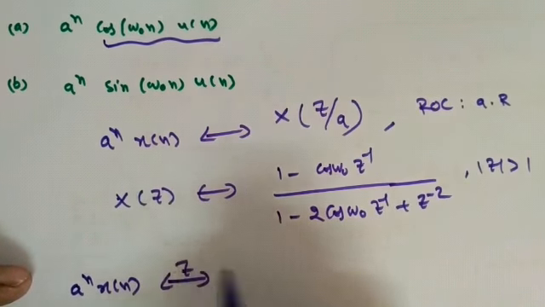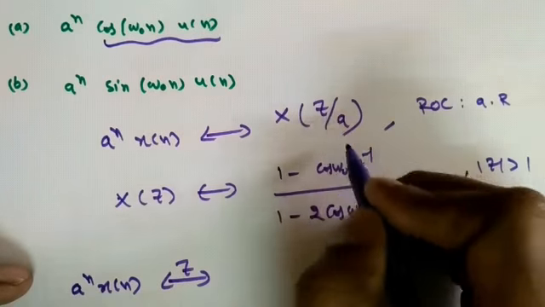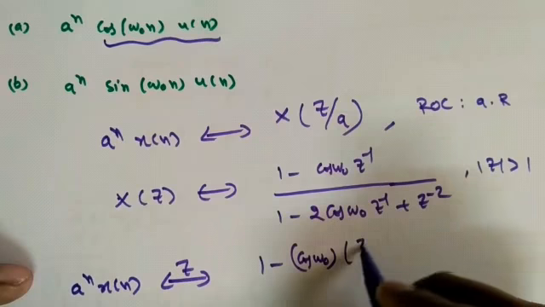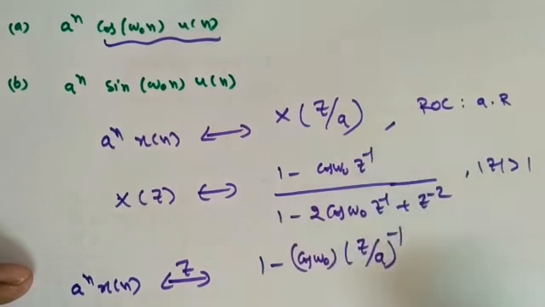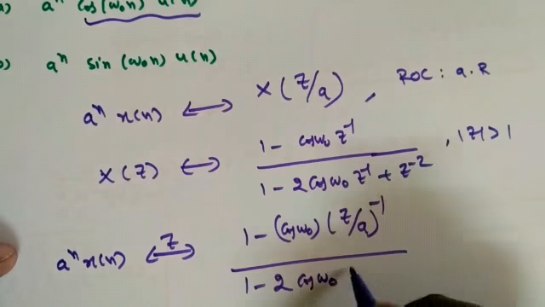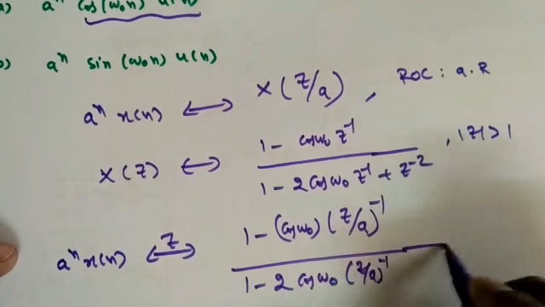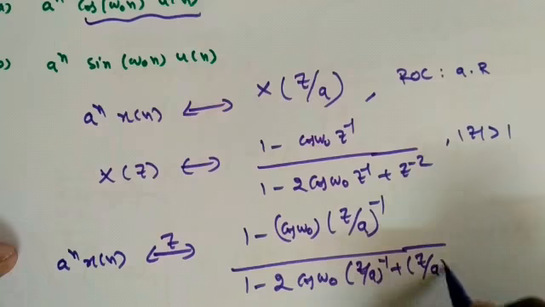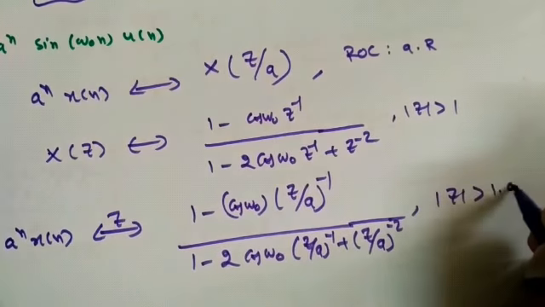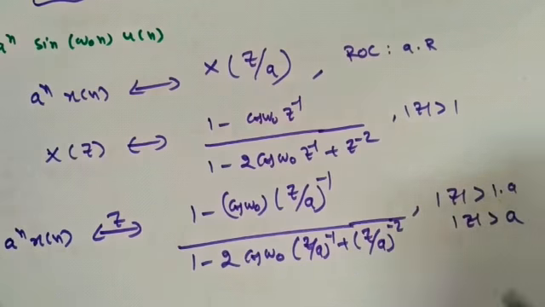What is the z transform of this one? In place of z we will get z by a. So 1 minus cos omega naught into z by a inverse by 1 minus 2 cos omega naught z by a inverse plus z by a inverse 2. And here mod z is greater than 1 into a, so mod z is greater than a.